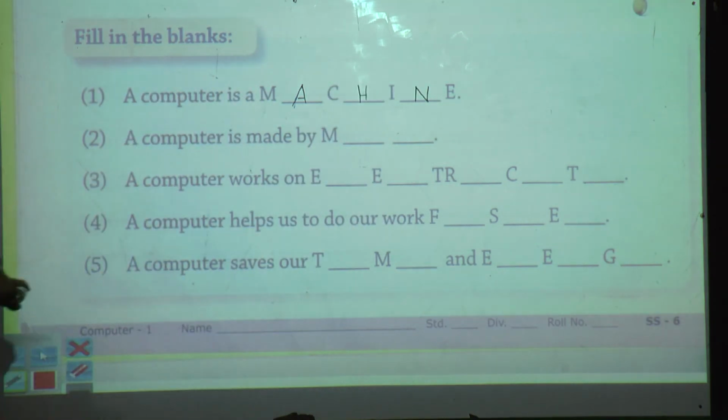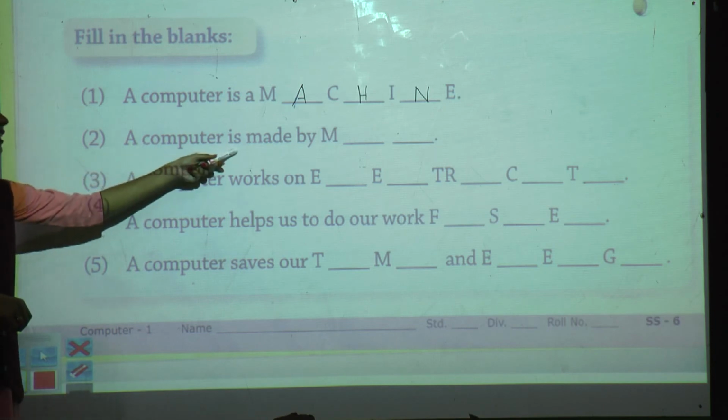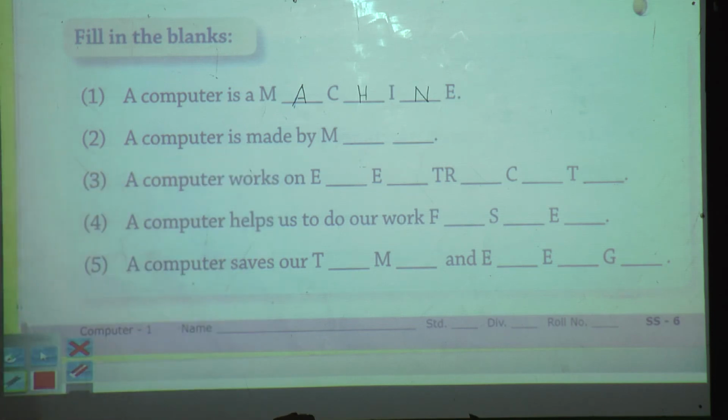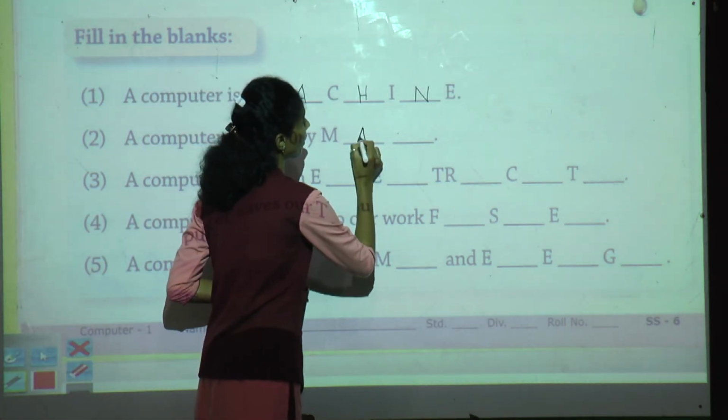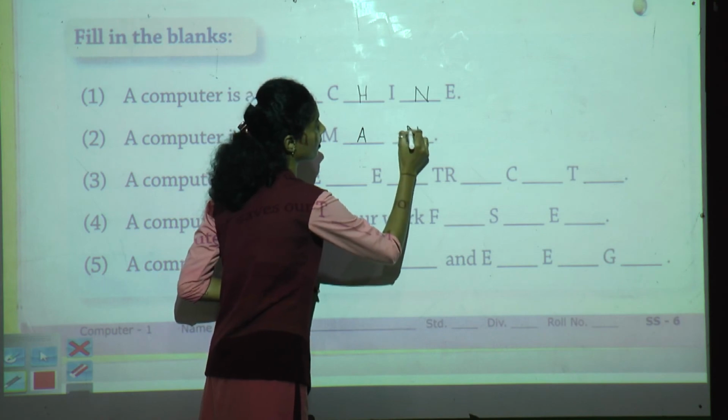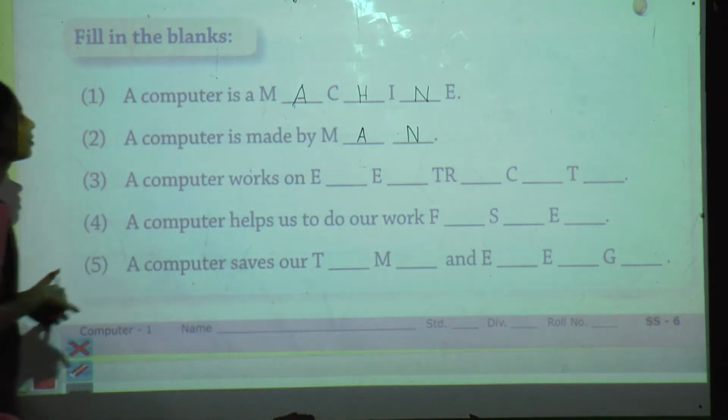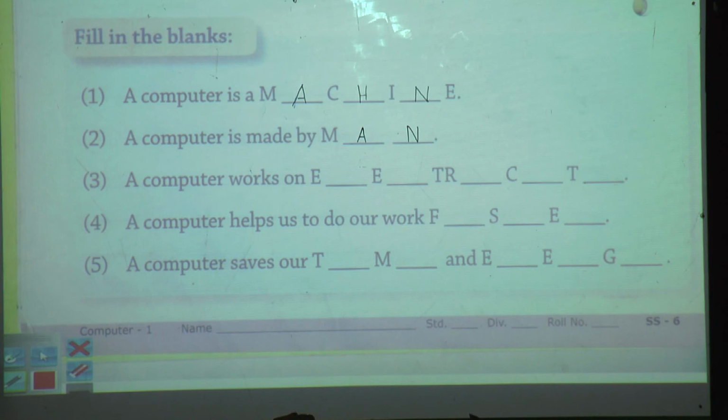Machine. A computer is a machine. A computer is made by, who made the computer? Man. What is the spelling of man? M-A-N. Man. A computer is made by man.